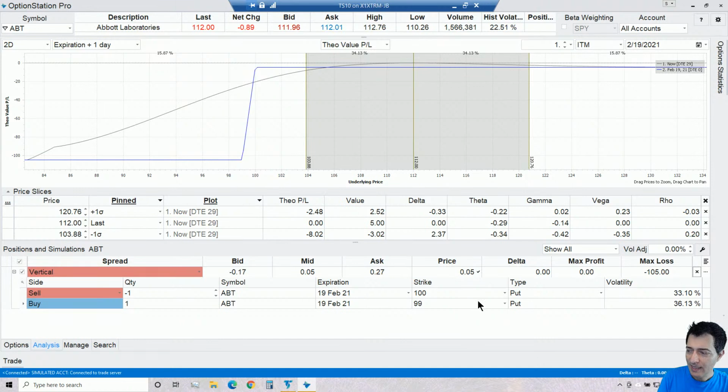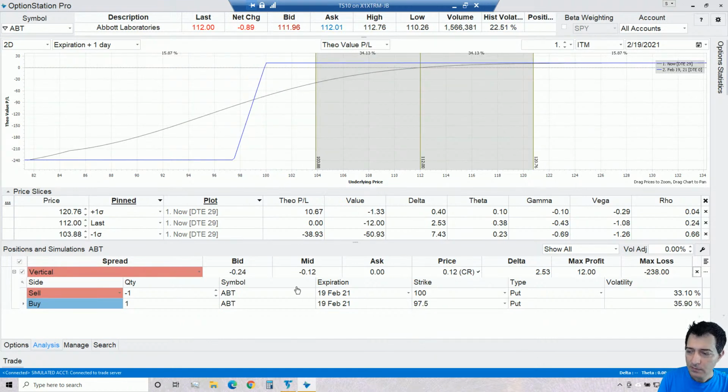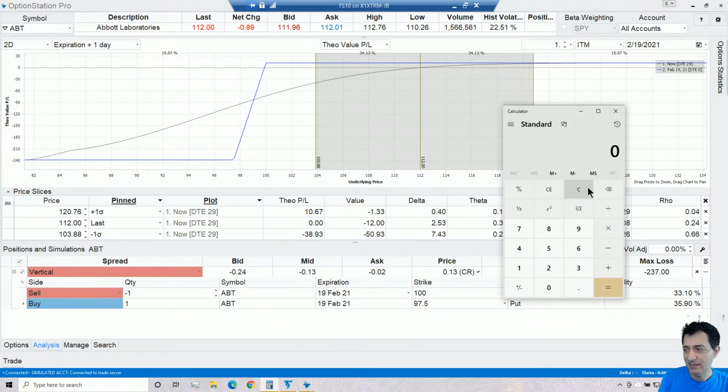If I do the 97.5, now we get paid 12 cents, so now we get a credit. What's the problem? Well, the problem in this case is that it's not going to work because the raw risk of the trade is 2.5, which is the difference between strikes. I cannot do the drawing, sorry for that.